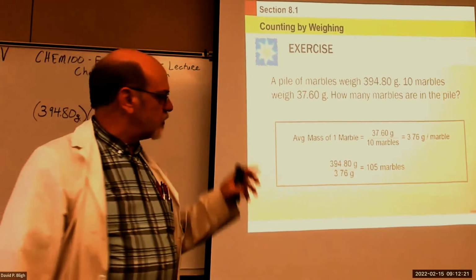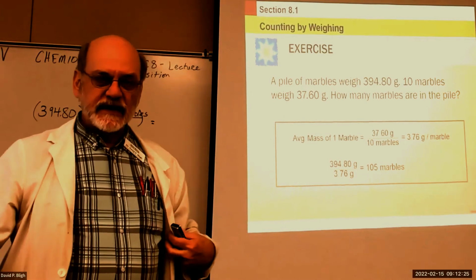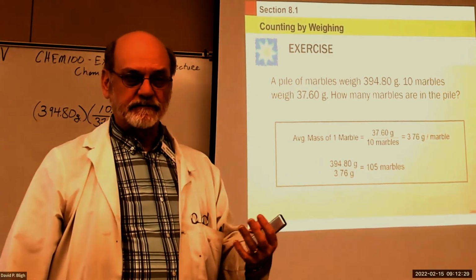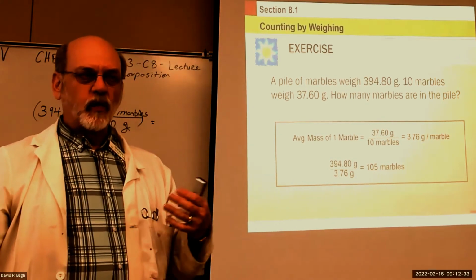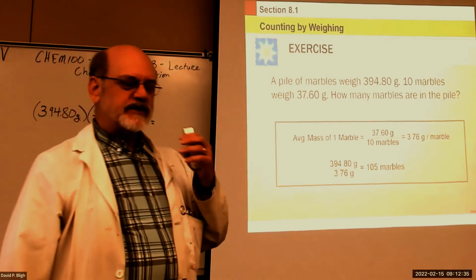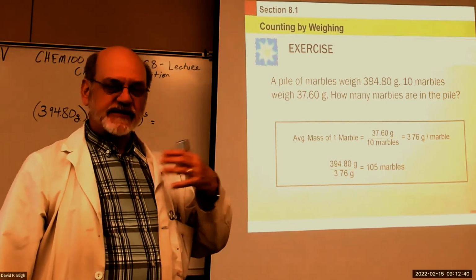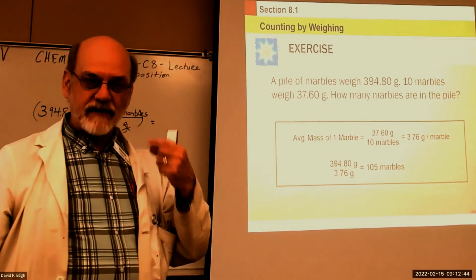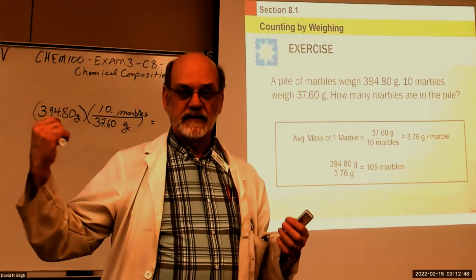Now, why would we want to do it this way? The reason is, going back to the average mass of an atom, the way we determine the average masses of atoms lends itself better to this way, because you're going to have the average mass of an atom on the periodic table.